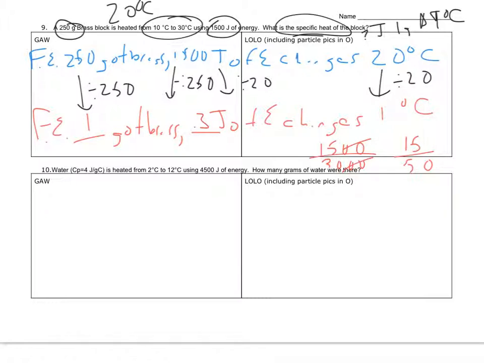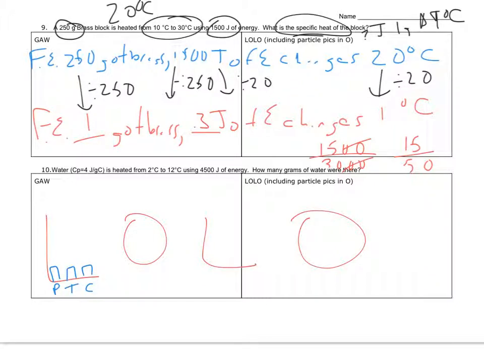Okay, and then let's try the LOLs. I'm going to do it down here because I don't have a lot of room on this. We've got phase, thermal, and chemical, PTC. We added energy.